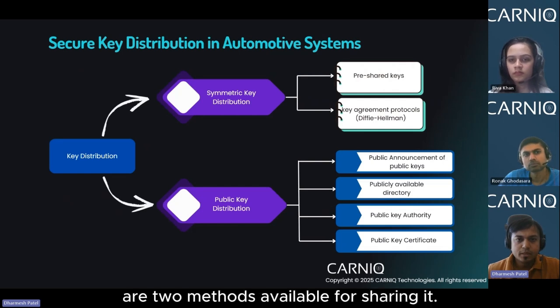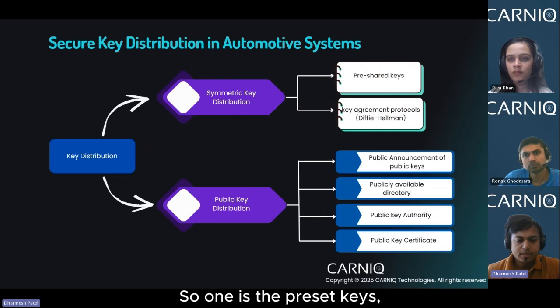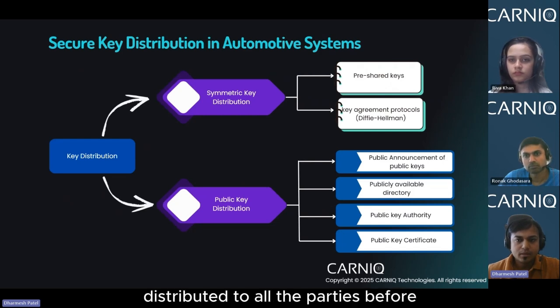There are two methods available for sharing it. One is the pre-shared keys, PSKs, and the other is the key agreement protocol, the Diffie-Hellman method. Now, a pre-shared key is a symmetric secret key manually distributed to all the parties before secure communication begins.